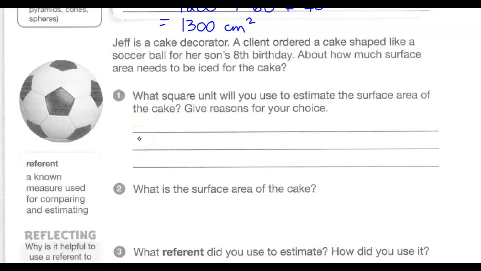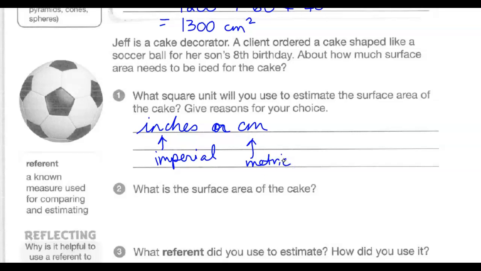I guess you could use feet, but I would use inches or centimeters. Anything bigger than that would have decimal values. So this is imperial, and this would be the metric.